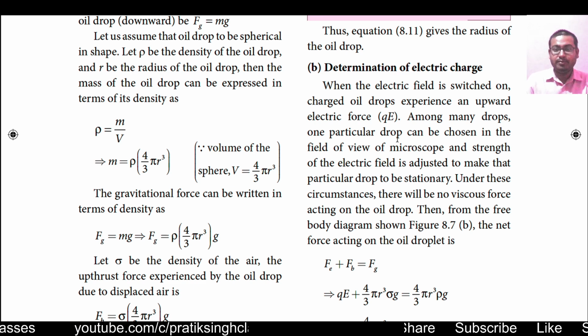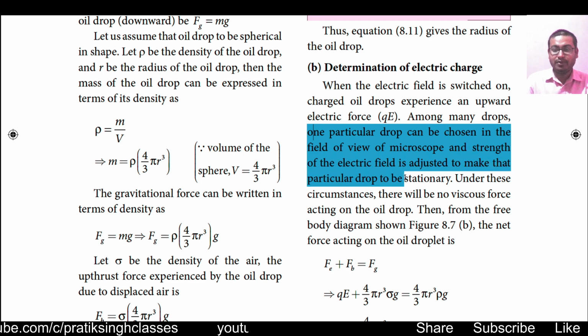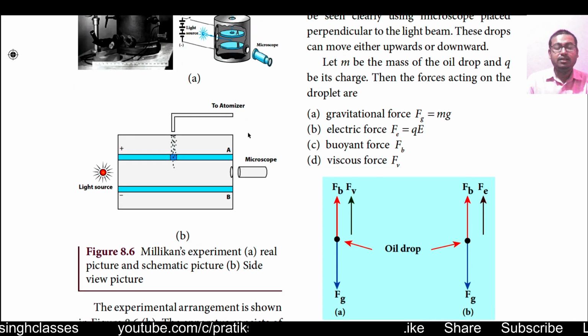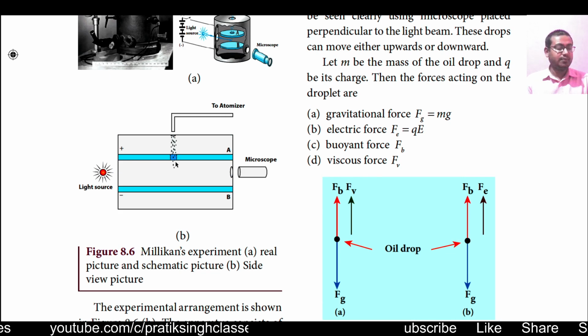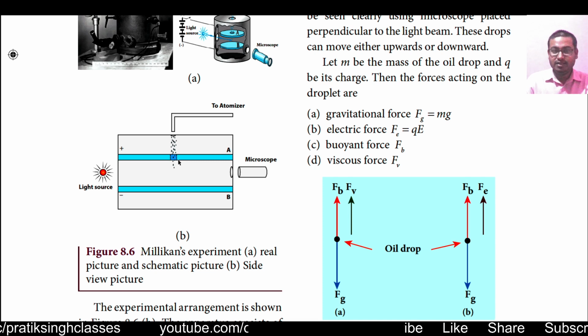Among many drops, one particular drop can be chosen in the field of view of the microscope, and the strength of the electric field is adjusted to make that particular drop stationary. So let us see the figure once again. When the glycerin particles from the atomizer, or any other viscous liquid, are falling down, we adjust the electric field in such a way that a particular drop moves with a determined velocity.